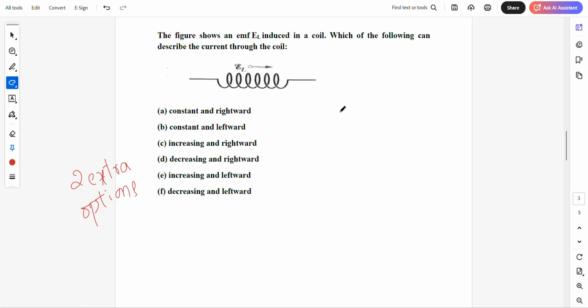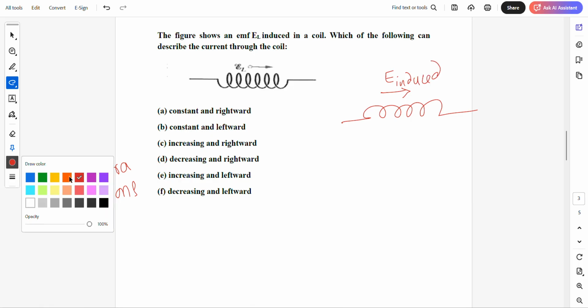Here what is happening? This is a coil. E induced is like this. If E is induced like this, what should be the direction of current here?